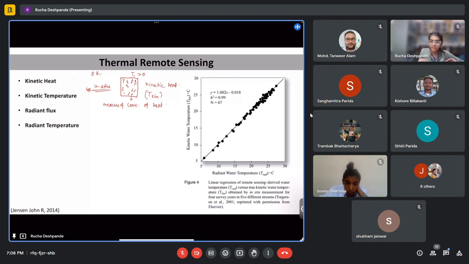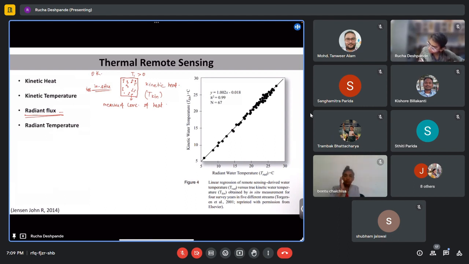But in remote sensing, whichever temperature we are sensing, we are looking at it from far apart. When these particles are in kinetic motion, they collide with each other, and they also radiate some electromagnetic radiation. Now this radiation is called the radiant flux, which is the amount of energy being emitted by that body.